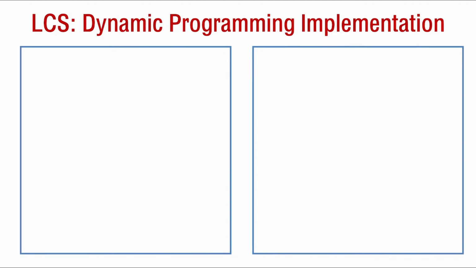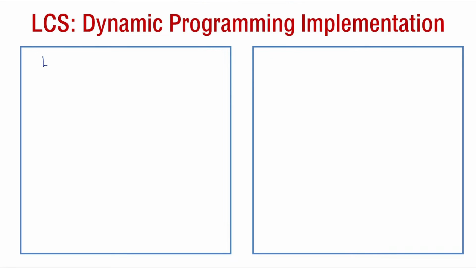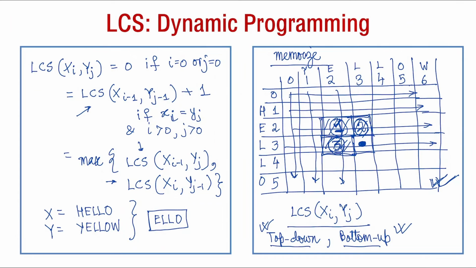So our LCS iterative algorithm, LCS iterative, will be as follows, where we have already maintained that global array, where we will use this global array Lij. This Lij is the memoized global array which we use here. So this is Lij.